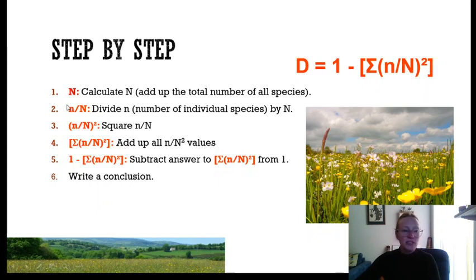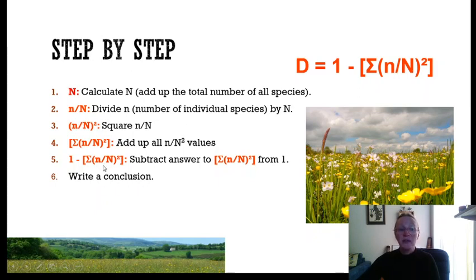Then we divide the number of each individual species by that N that we've calculated. Then we square that. Then we add all those values up together. And then, and this is important because this is the step that people forget, you do 1 minus the sum of n over N, squared.